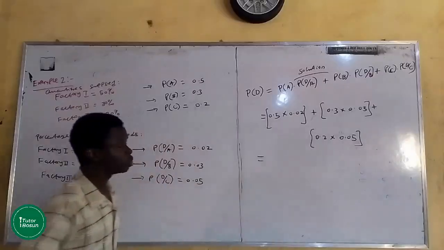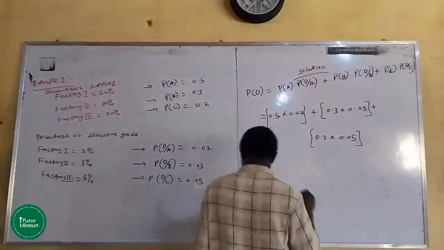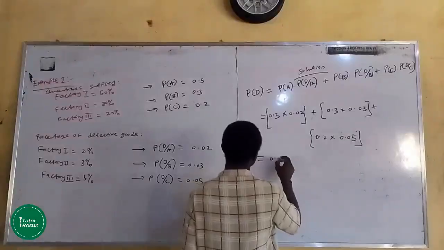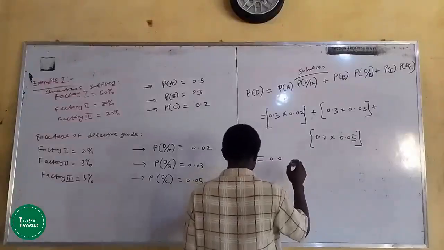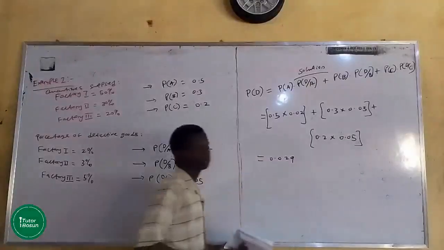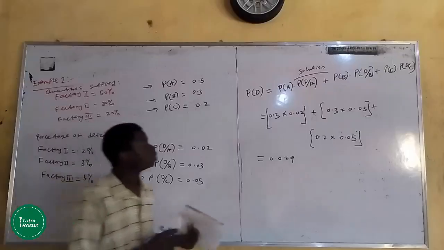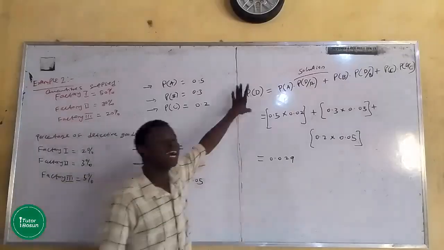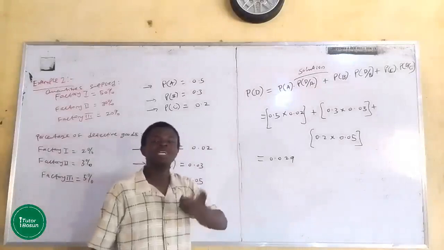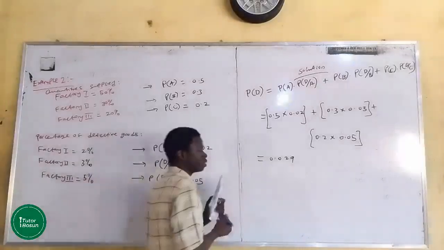If you sum this together, the calculator gives 0.029. But mind you, we are not trying to determine the probability that the item is defective. We want to determine the probability that the item is not defective.